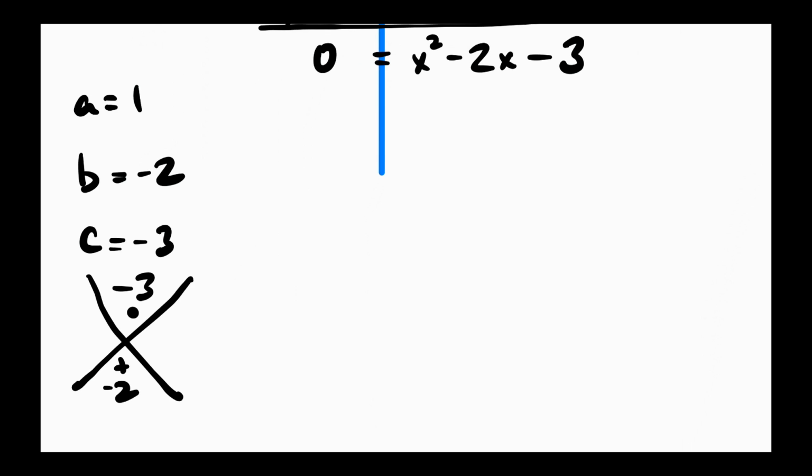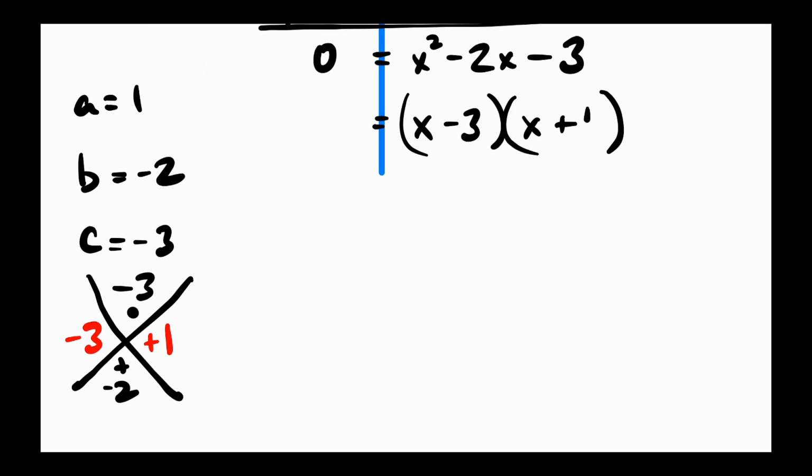There you go. So the two numbers that multiply to be negative 3 and add to be negative 2 are negative 3 and positive 1. Okay. So we take those back. So we got x minus 3 and x plus 1.